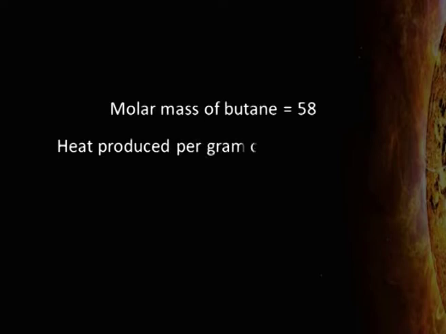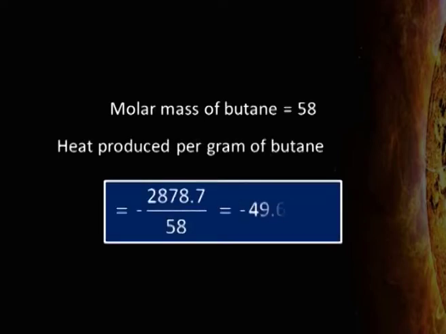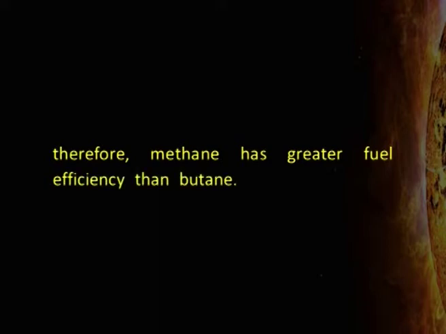Hence, heat produced per gram of butane will be equal to 2878.7 divided by 58, which is equal to minus 49.63 kilojoule. Hence, fuel efficiency of butane will be equal to 49.63 kilojoules per gram. Therefore, methane has greater fuel efficiency than butane.